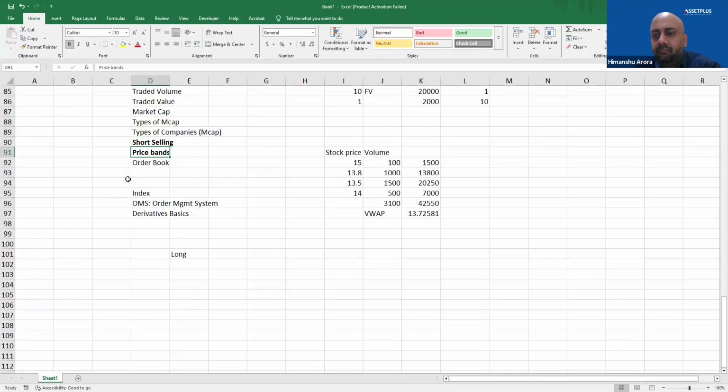Price bands. So there is a stock. For example, hypothetically, let's say there is a client of yours who retired only yesterday, and he has got a gratuity amount of 1 crore rupees, and he purchased a share, a very small category share, a small cap share, a micro cap share, a risky share for, let's say, 70 lakh rupees.